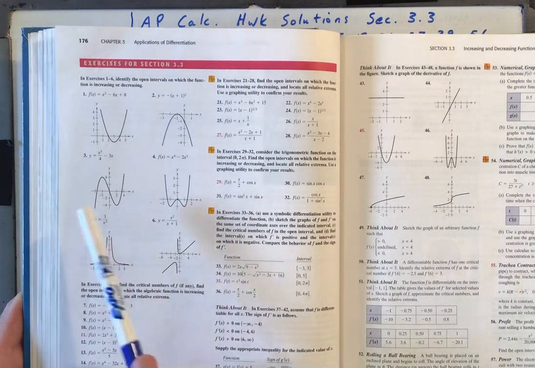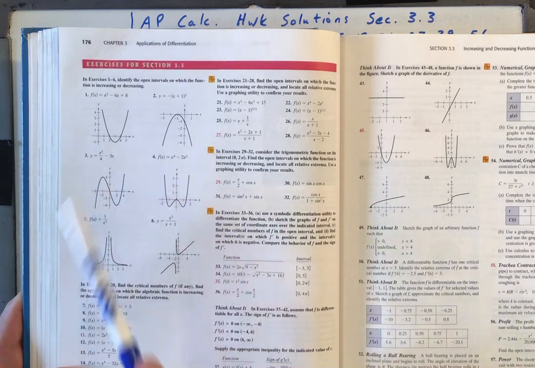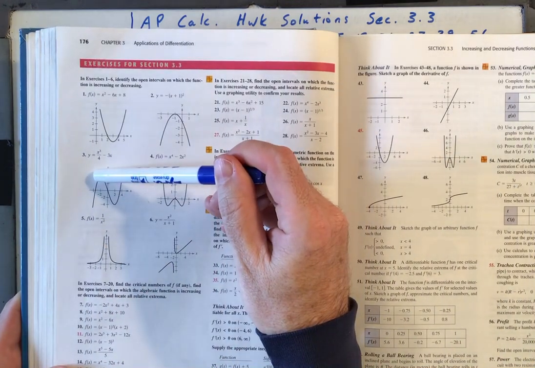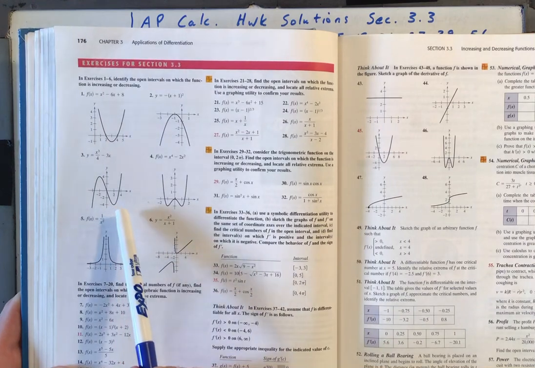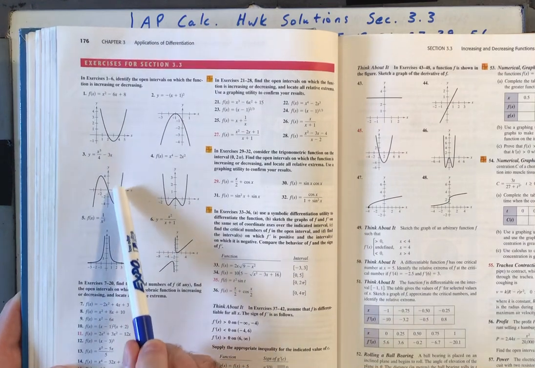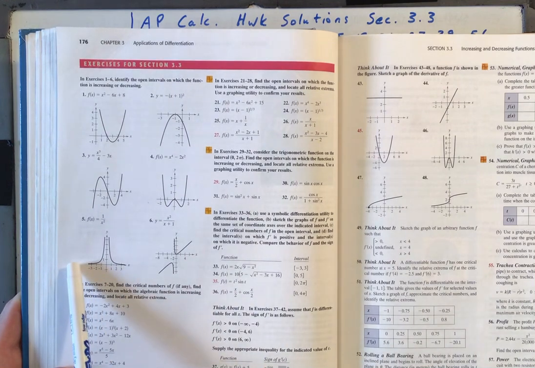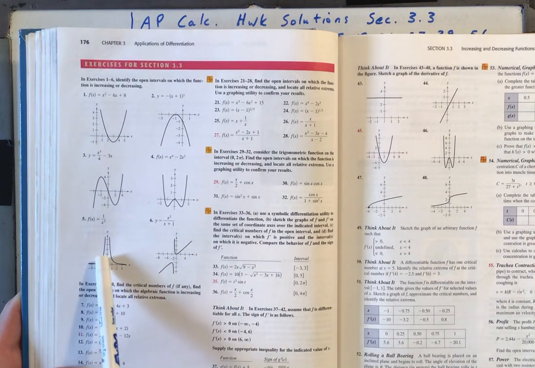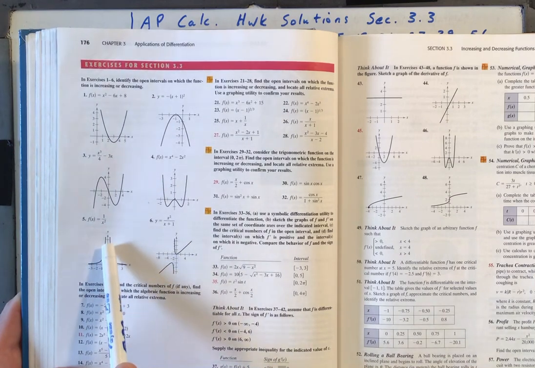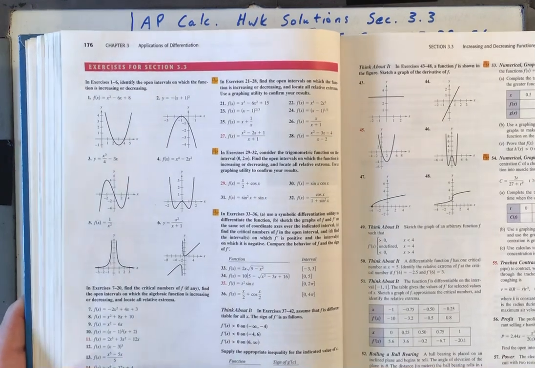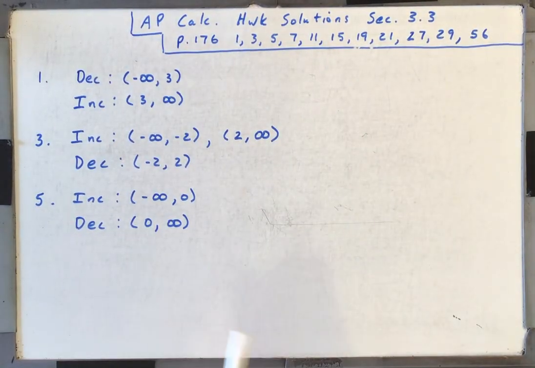For number 3, going left to right, we are increasing from negative infinity to negative 2, and then decreasing from negative 2 to positive 2, and then increasing again from 2 to infinity. And then on number 5, left to right, increasing from negative infinity to 0, and then decreasing from 0 to positive infinity. So if you made any mistakes on that, here are the answers.